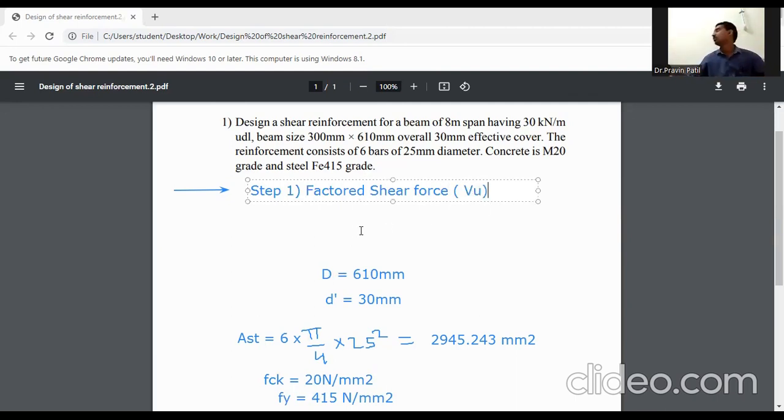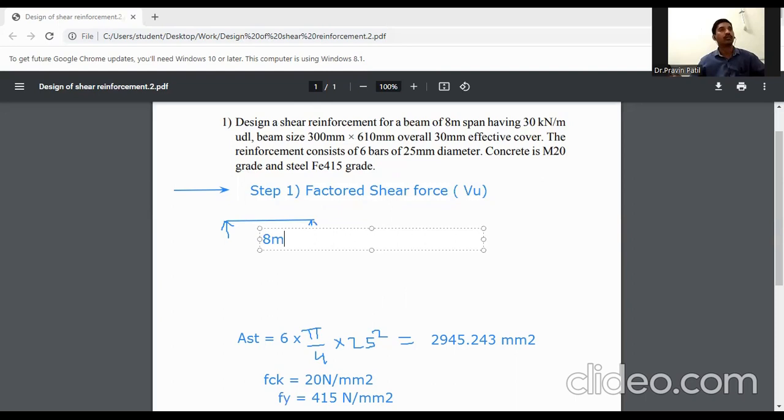Okay. The actual beam it is simply supported. This beam it is simply supported. Span it is given 8 meter.